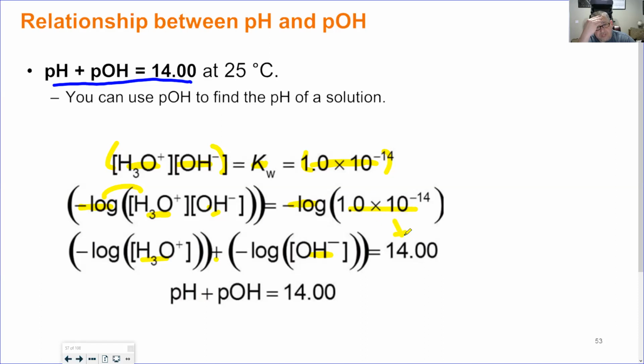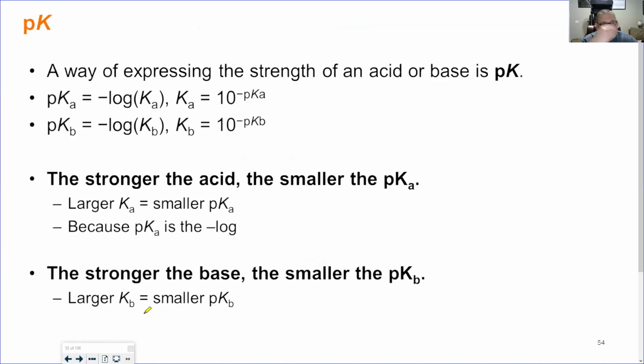That's equal to 14 when I plug that into a calculator. Now, by definition, the negative log of the H3O plus is pH. The negative log of the OH minus is pOH. So this becomes our equation, pH plus pOH equals 14 in the system.